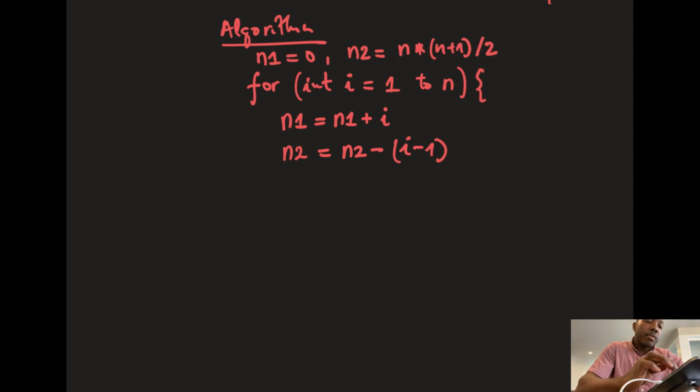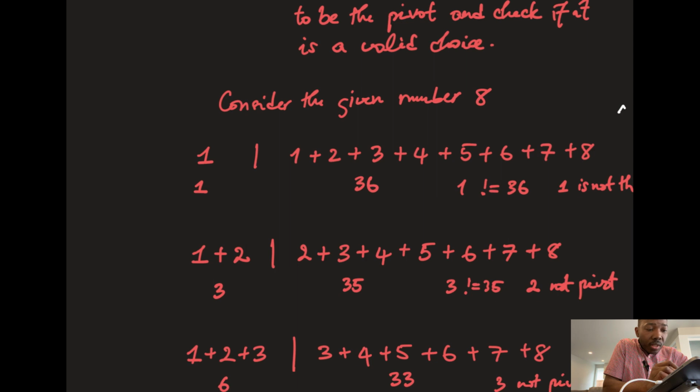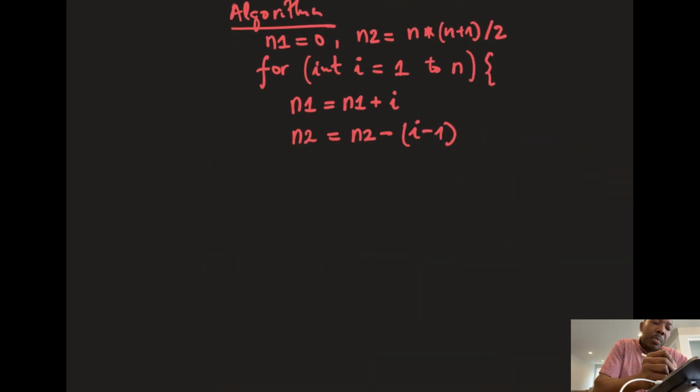Because for the first case, we want to consider the first number. So if i is equal to 1, we don't want to remove anything, so we remove 1 minus 1, which is 0. When it is 2, we want to remove 2 minus 1, which is 1. That's exactly what we are trying to implement here.